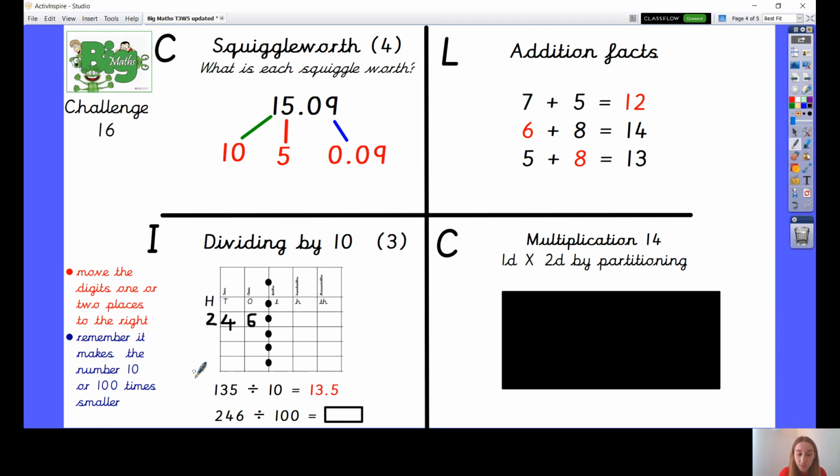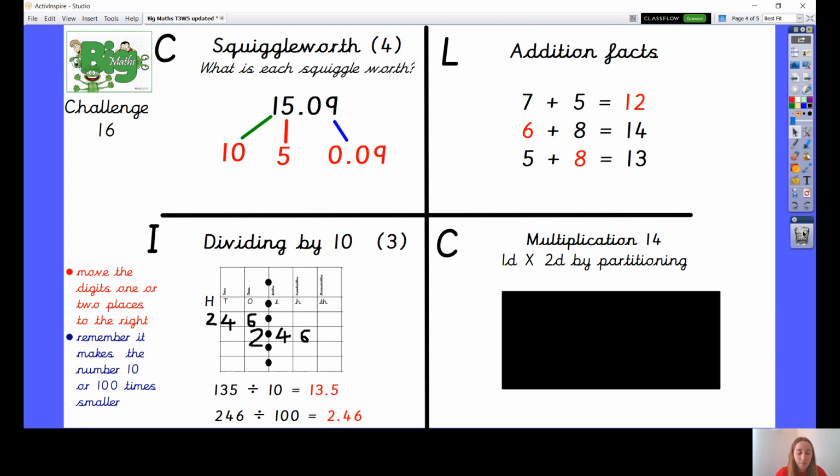So that's right, to divide by 100 and make my number 100 times smaller, I move the digits 2 spaces to the right to make them 100 times smaller. So the 6 ones will become 6 hundredths, the 4 tens will become 4 tenths, and the 2 hundreds will become 2 ones. So I'll have 2.46.